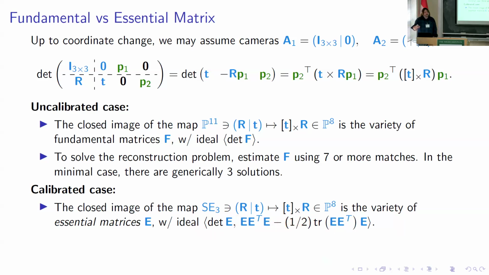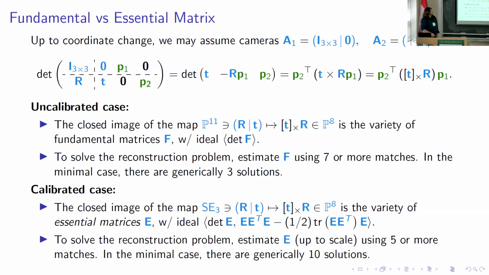They're usually called the de Mesure constraints, named after somebody who studied this problem. And so these 10 cubics generate the vanishing ideal of calibrated fundamental matrices. Usually these are not denoted F, they're denoted E. We call them essential matrices.